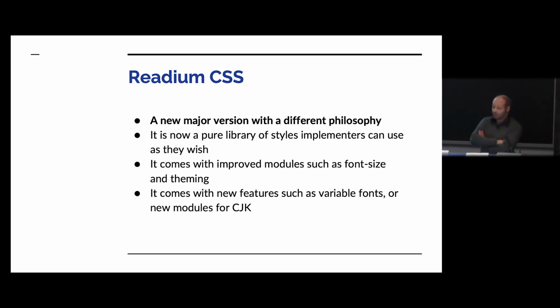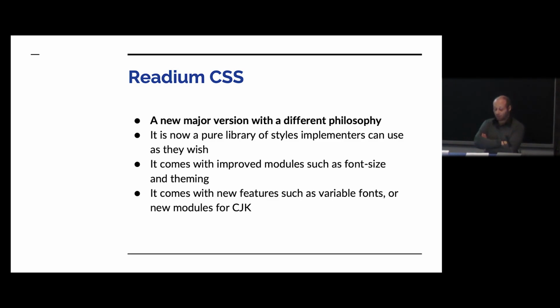So Readium CSS has a new version 2, which is a major version with a lot of breakage, because it has a different philosophy. When I came back, we had to update Readium CSS after 4 years. There were features that were implemented in Thorium Desktop for CJK, like letter spacing for Japanese, for example, but also hiding Ruby annotations.